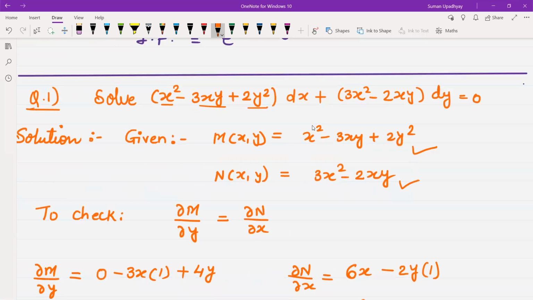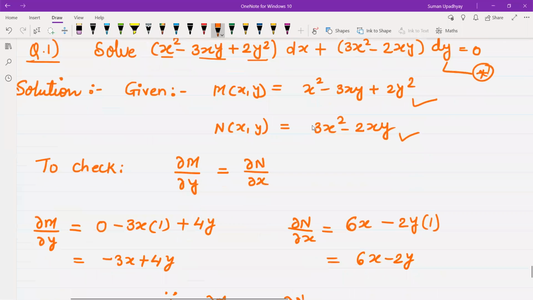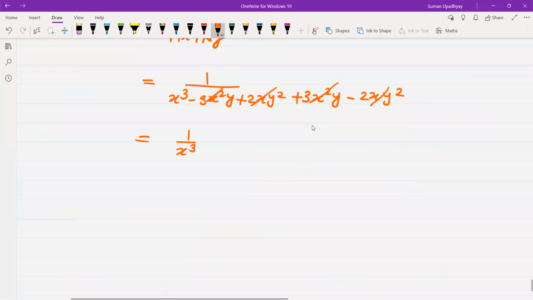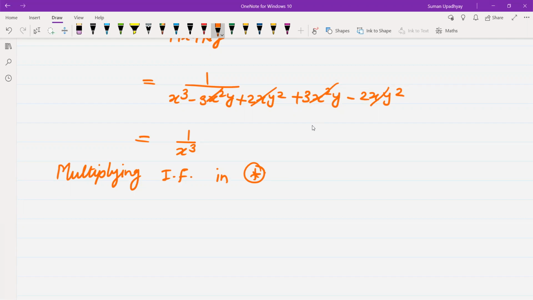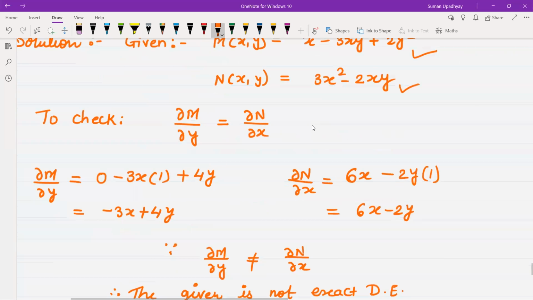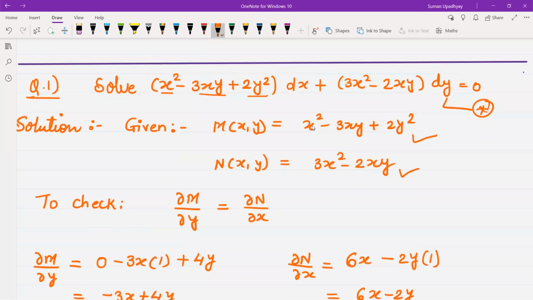My given differential equation is this. So I'm going to mark it star. Multiply my integrating factor in star. So tell me what is going to be your final answer. After multiplying, what will you get? Tell me quickly.